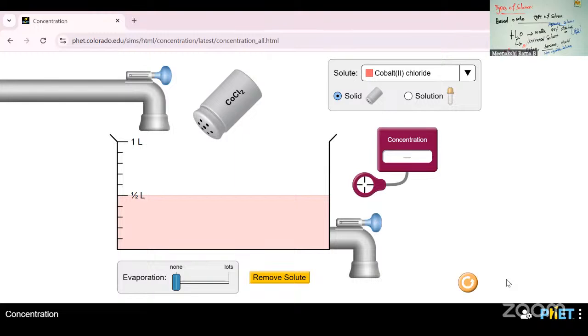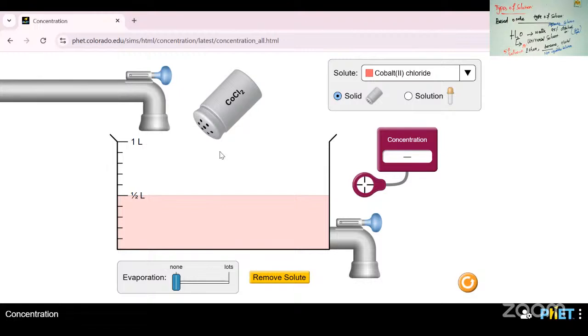What is concentration? A solution is prepared with the help of solvent and solute, the two major components. Is that concept clearly understood? How can we define concentration? The concentration of a solution is defined as the amount of solute present in a given amount of solution.